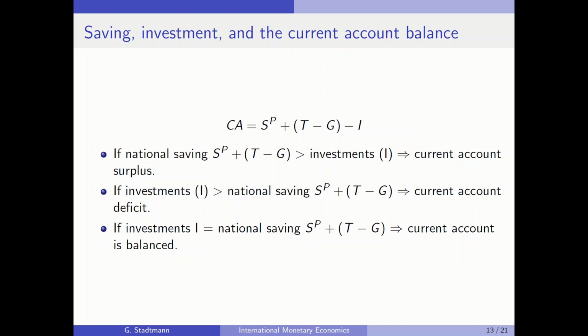So one country which has very low private savings and where also the savings of the government is in red ink, this is the US. Like the US is always running a government budget deficit, so T minus G, taxes minus government spending. The government budget is in red ink, and also the Americans, they are not saving too much. Hence, the US is one good example for a country which has a current account deficit.